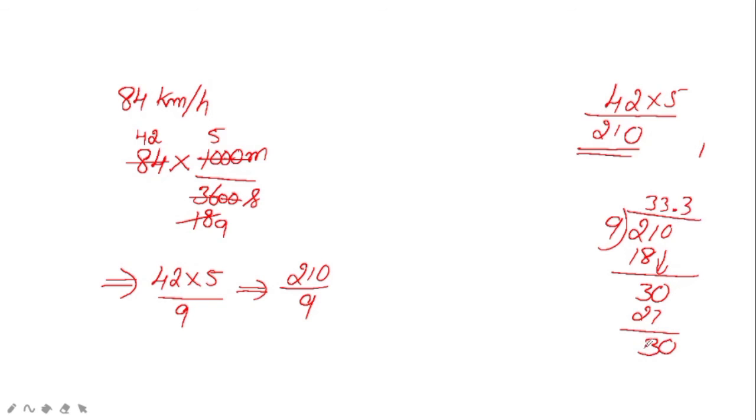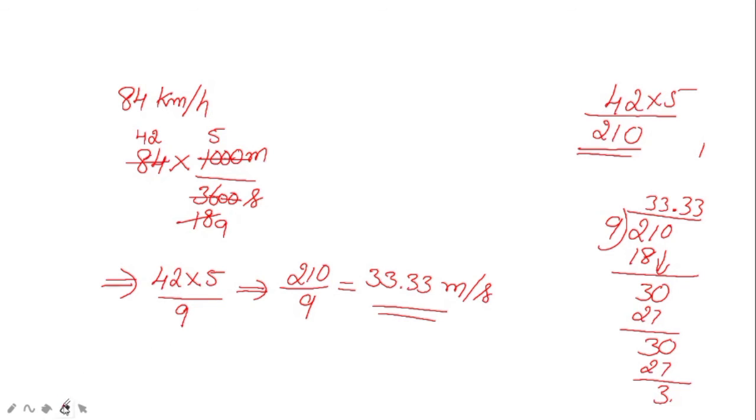Again 9 3s are 27, again remainder 3. So this number goes on, that is 33.333, like that. So on simplification we will get the answer 33.33 meter per second. So this is the way of converting kilometer per hour into meter per second.